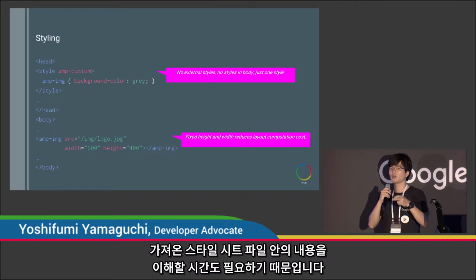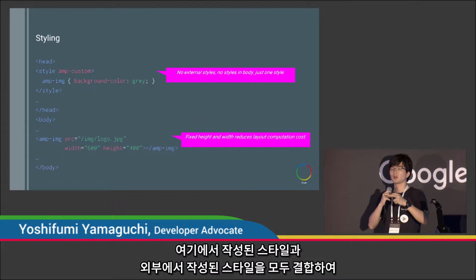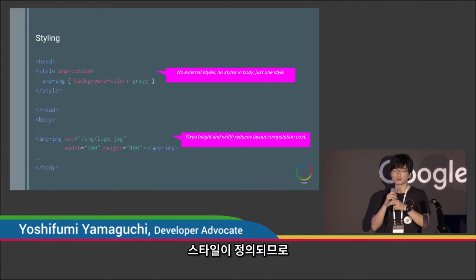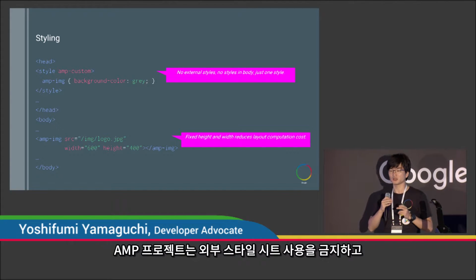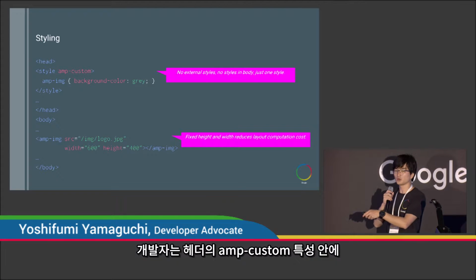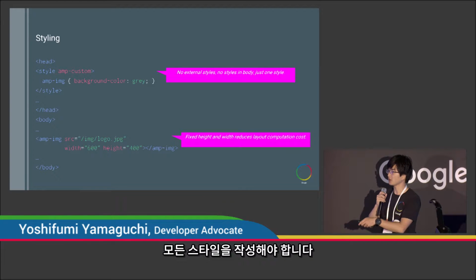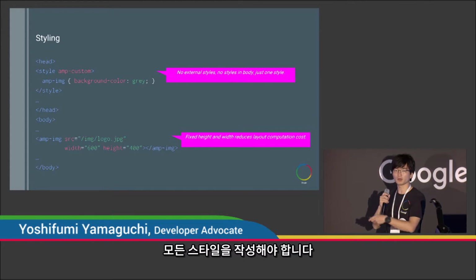It also requires time to understand what is written inside the style files, and the styles may be defined with a combination of other styles written here or in other external styles. So the project just prohibited the use of external style sheets, and only allows developers to write all styles inside this header style tag with the amp-custom attribute.